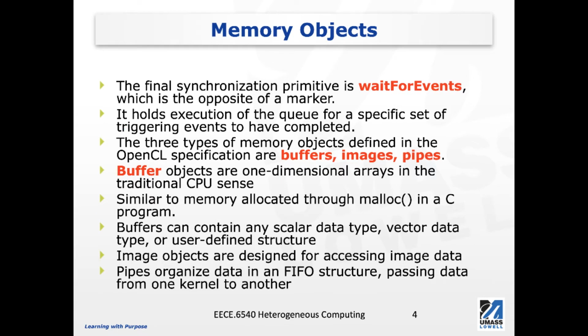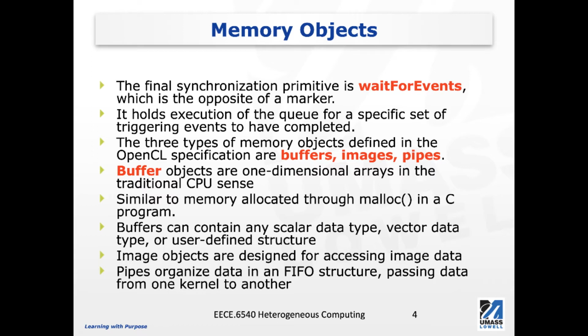We talked about memory objects in the past. The memory objects are the instances that we use in a context to work with data. Oftentimes, we want to provide synchronization among these memory operations, and we use, for example, wait for events, which is a little bit different from a marker, which is really not an event.